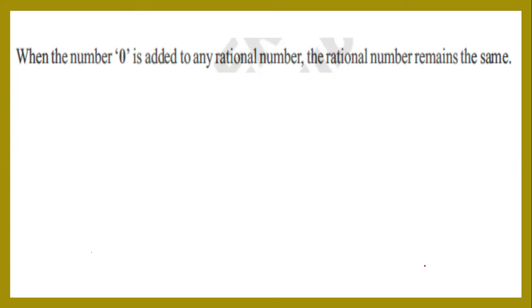When the number 0 is added to any rational number, the rational number remains the same. This property is called additive identity.